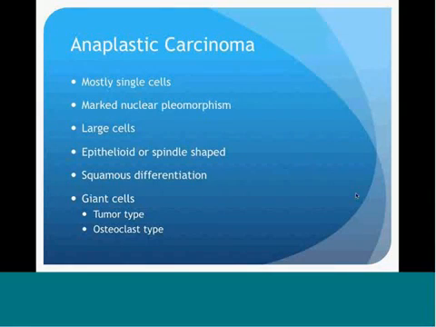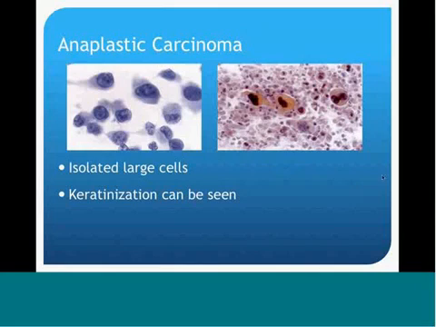Sometimes you have squamous differentiation, such as this. You have keratinization, like on the right, where you see the bright orange cytoplasm and inky black nuclei in this necrotic background. And then you also see isolated large cells, like on the left, which have these large, bizarre-looking nuclei.